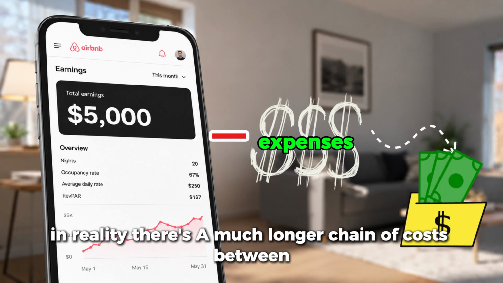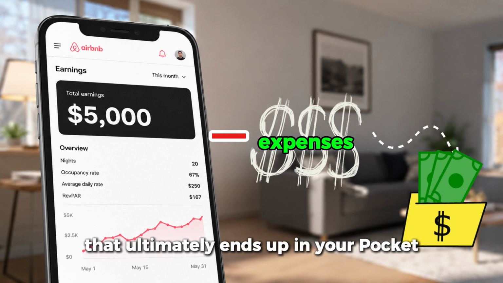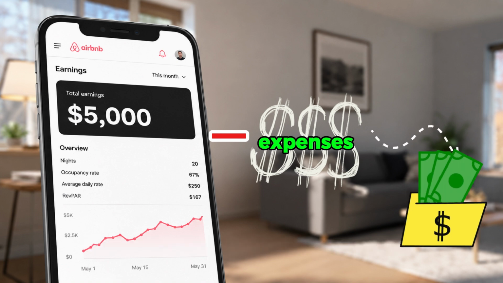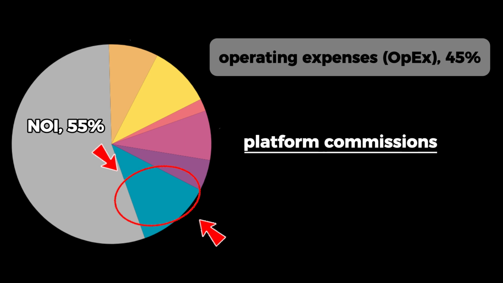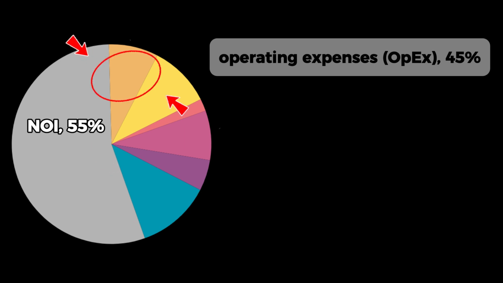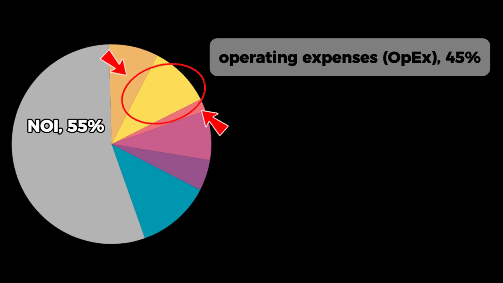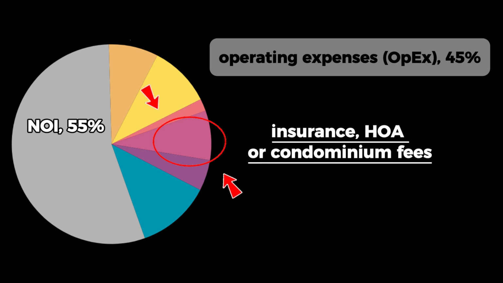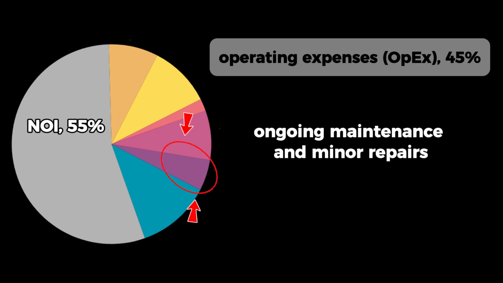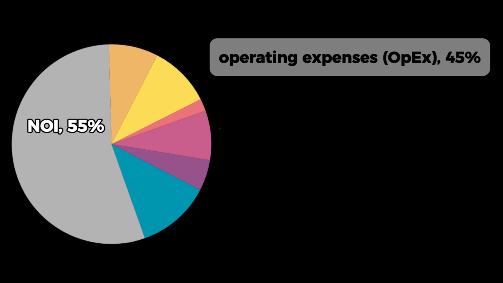In reality, there's a much longer chain of costs between gross revenue and the money that ultimately ends up in your pocket. Platform commissions, utilities, internet, cleaning, guest supplies, insurance, HOA or condominium fees, ongoing maintenance and minor repairs.